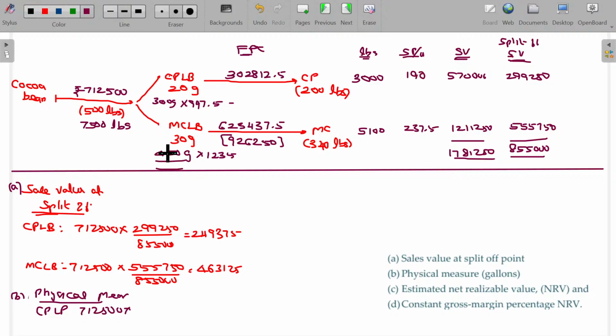Total gallon being 300 plus 450, 750 gallons. 300 divided by 750. Get me the value. 2 lakhs 85,000. Milk chocolate liquor base 7 lakhs 12,500 into 450 divided by 750. 4 lakhs 27,500.